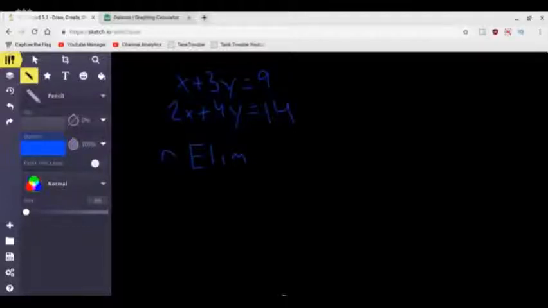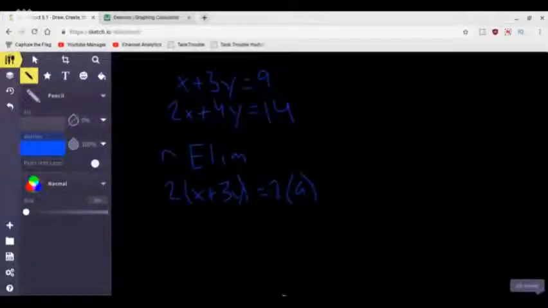So let me show you an example right here. So what we want to do is we want to multiply this by 2. Like that. Okay? So we just use our distributive property here to get 2x plus 6y equals 18.